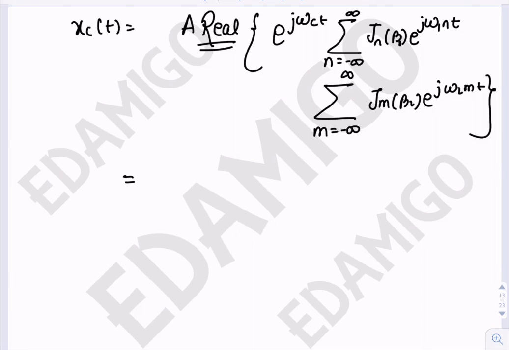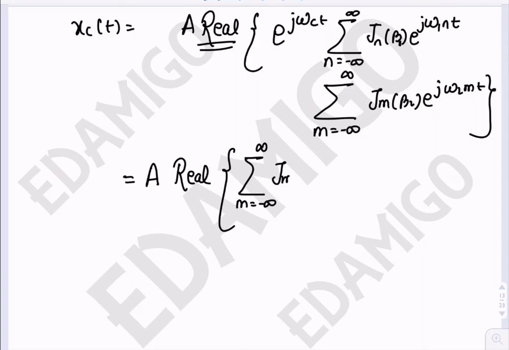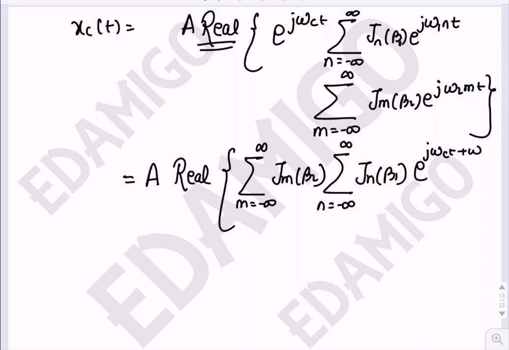So this can be written as A times the real part of the double summation over m and n from minus infinity to infinity of J_m(beta_2) J_n(beta_1), and this will be A times e^(j(omega_c t + n omega_1 t + m omega_2 t)).